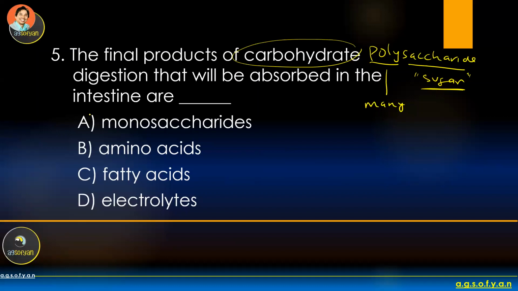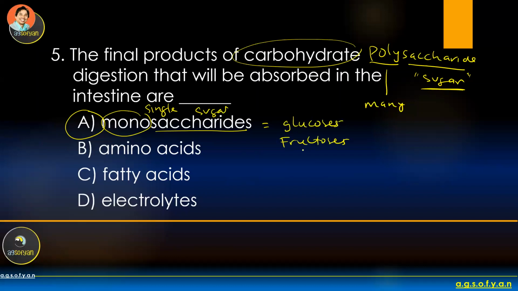Therefore, the final product is called the monosaccharide. Okay, mono means single, a single sugar. Examples: glucose, fructose, galactose. These are the three examples of monosaccharides that will be absorbed in our intestine. And this is the final product of carbohydrate digestion.